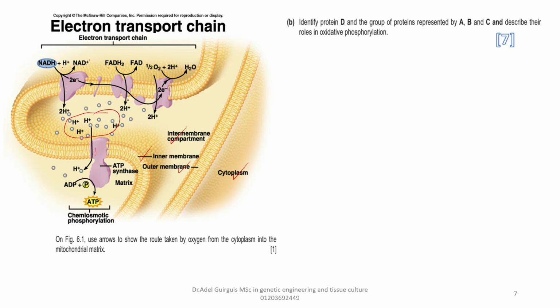FADH2 also releases electrons and changes into the oxidized form FAD, within these electron carriers. Electrons released from both NADH and FADH2 are carried by electron carriers within the membrane to be lowered in energy. The purpose of electron transfer is to lower their energy.